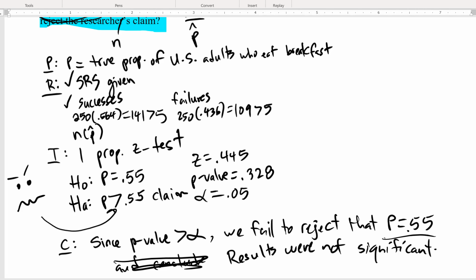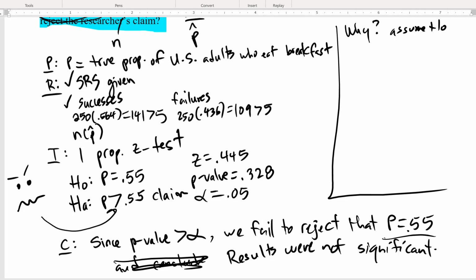Okay? I do want to discuss real quick what the heck we just did. This is basically the extent of what you need to do, but I want to take a second and go, why or what the heck did we just do? Okay? Well, we got a z-score. How did we get that z-score? Well, we assume that H0 was the truth. So prior we've had a formula for z of the statistic minus the parameter divided by the standard deviation.